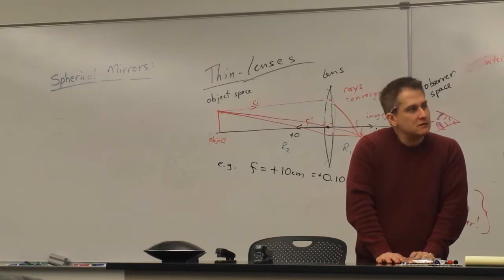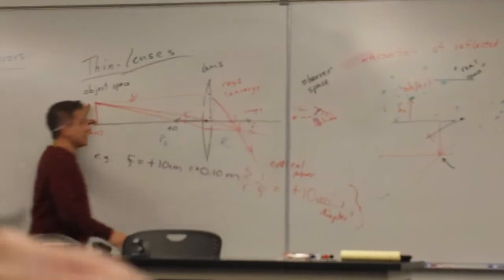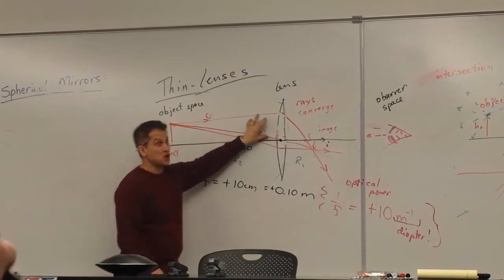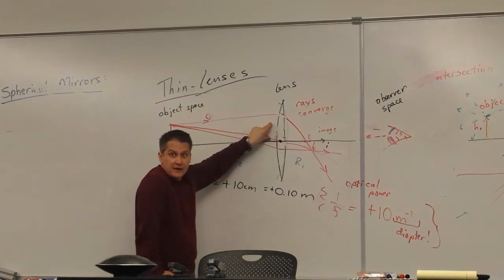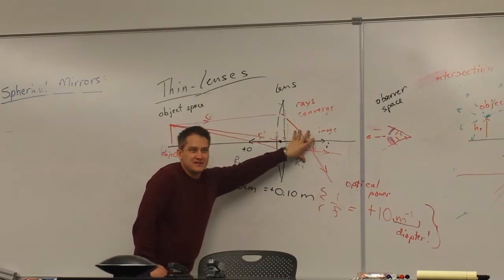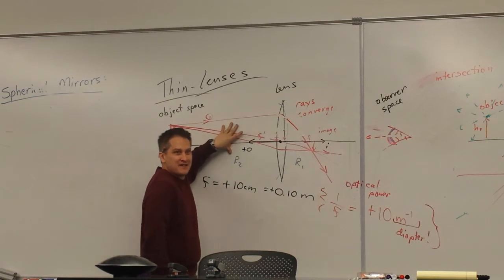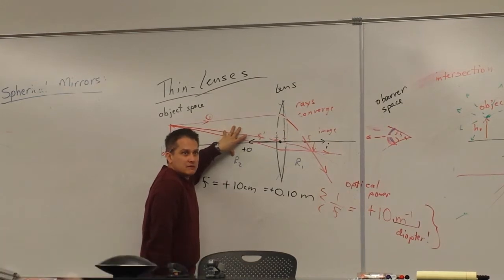I will say this though. If you take an object and bring it really, really close, inside the focal length of a converging lens, it will not produce an image on this side. It will produce an image on this side, and that image will be larger. And we would say, oh, this sounds like a magnifying glass.